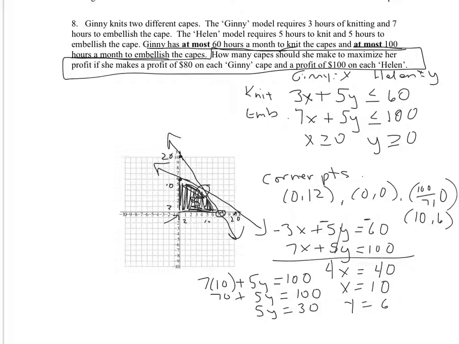And this figure is, so we should be able to find it. And what we do know is she makes a profit of $80 on every Jenny cape and a profit of $100 on each Helen cape. So to get that cost equation, if she makes $80 on a Jenny, and a Jenny is x, that's 80x, plus $100 on each Helen is 100y.